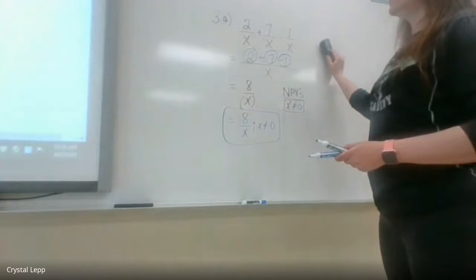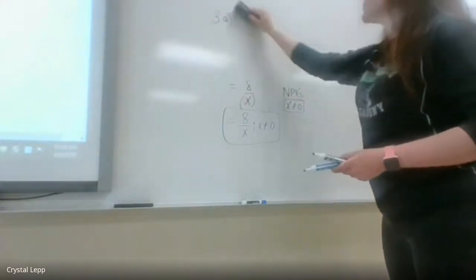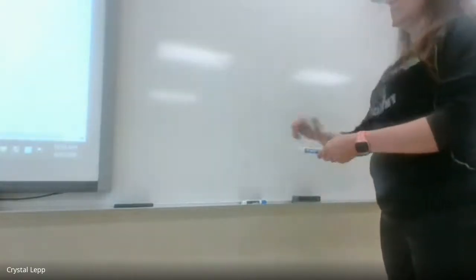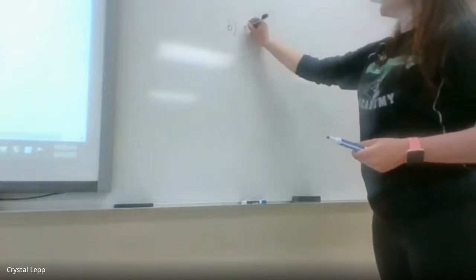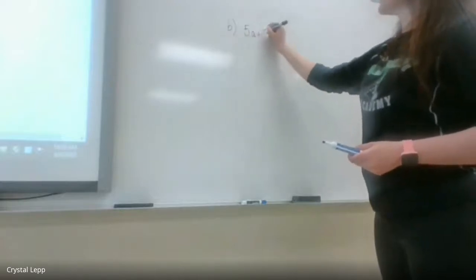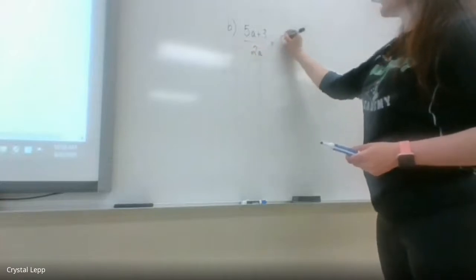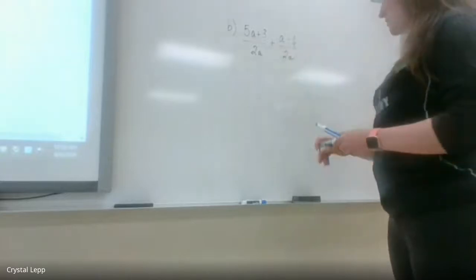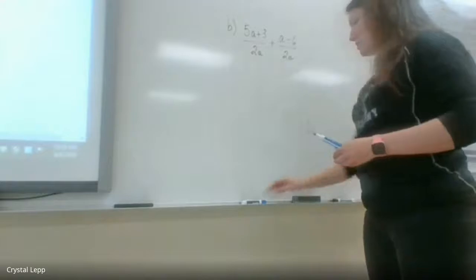Example 3b. We're going to have 5a plus 3 over 2a plus a minus 6 over 2a. So my very first step, I have to have a common denominator, which I already do.